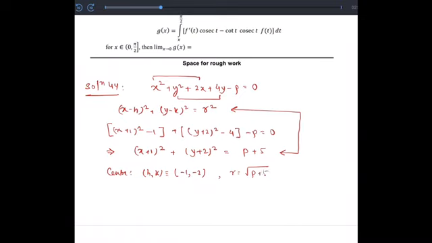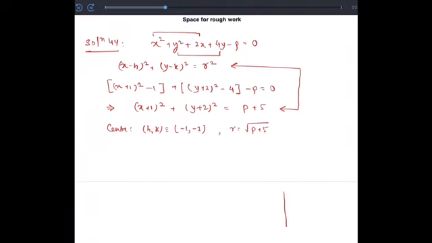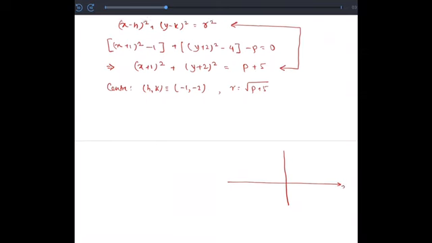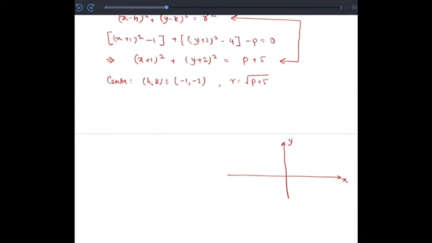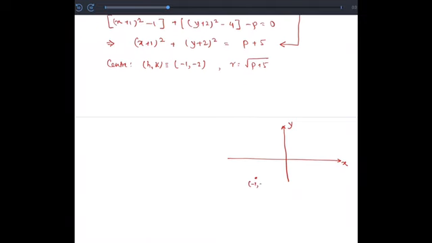Now we have to find for what value of p the coordinate axes and my circle have exactly 3 common points. So what are the possibilities of having 3 common points? For this, let's draw the coordinate axes. So this is my x-axis, this is the y-axis, and this is the center, minus 1 comma minus 2.